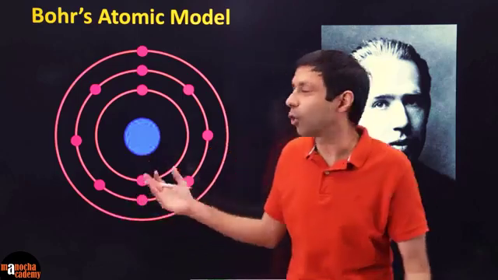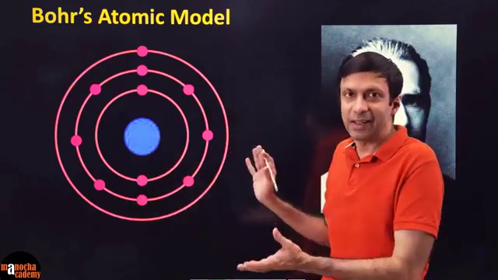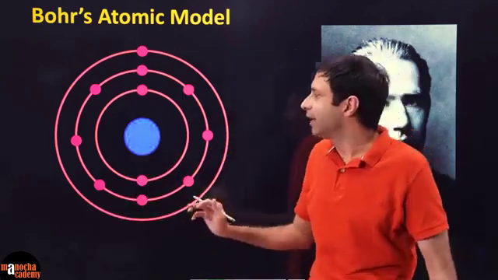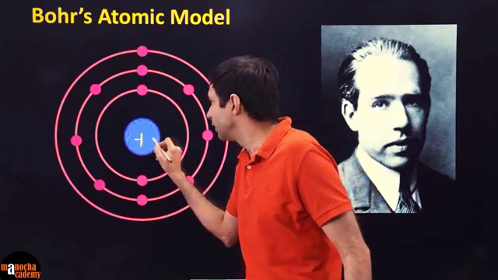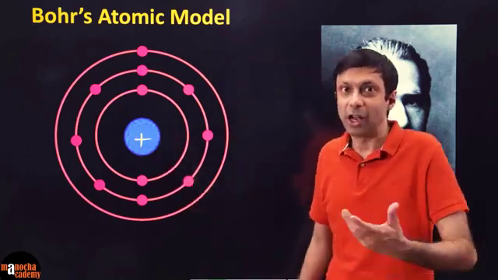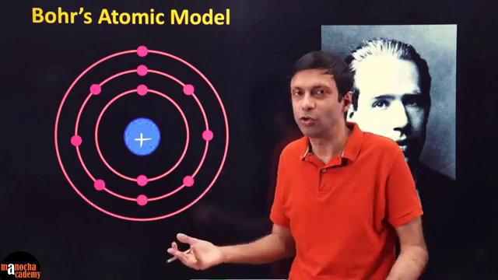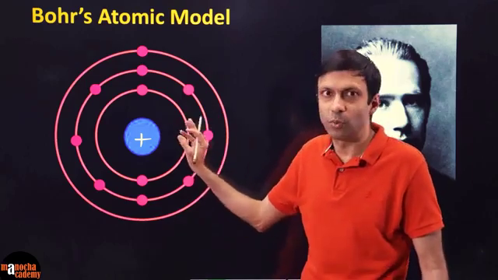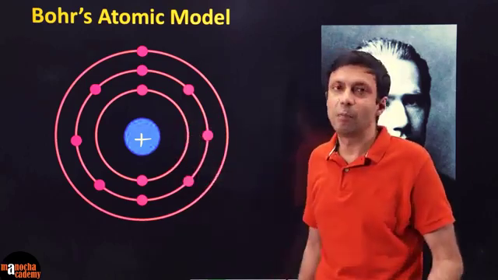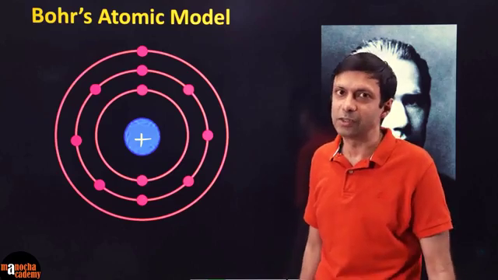Now, what is the Bohr atomic model? You can visualize it like this. Once again, like Rutherford, there is a nucleus which contains the positive charge, and now we know that it contains protons and neutrons. But at that time, neutrons weren't discovered, so they said there is a positive charge in the nucleus.